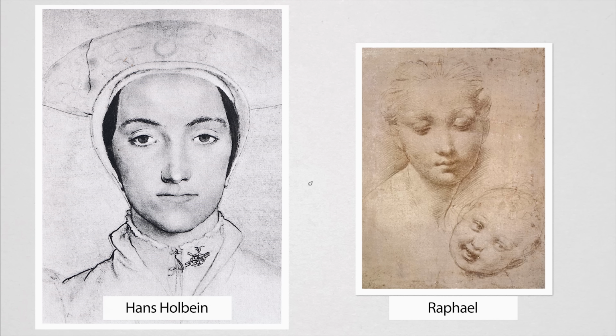Okay, now we have our old masters to look at. We've got Hans Holbein on the left and Raphael on the right. And if we look at the Holbein, you can see the egg. Now notice we have a hat here. And so the skull's up in here. And if I draw that basic egg shape, we'd see the hat's up here.